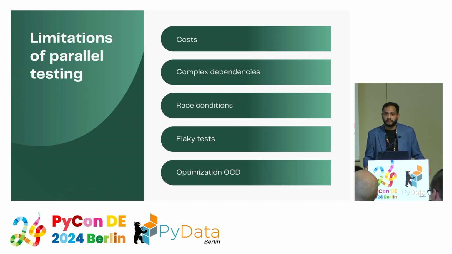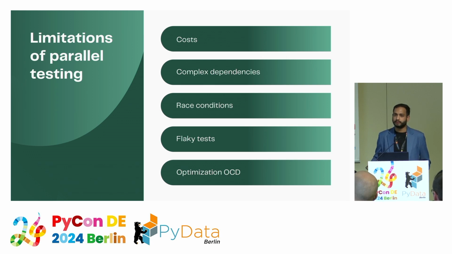Database is a good example. If a write operation is being done on a particular row, and another unit test is using that row for its own execution in Django, it can create a race condition and a lot of flaky tests. So ideally, you would want a stable testing environment, so you don't have to run the pipeline again and again for failures.